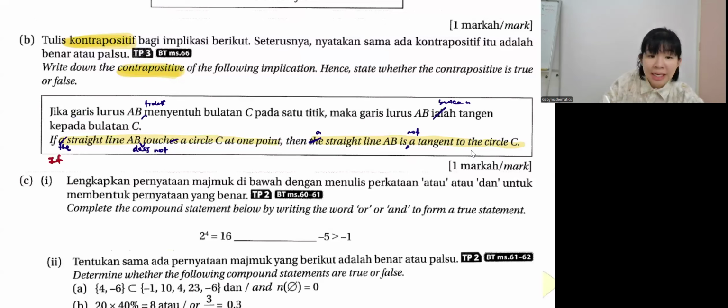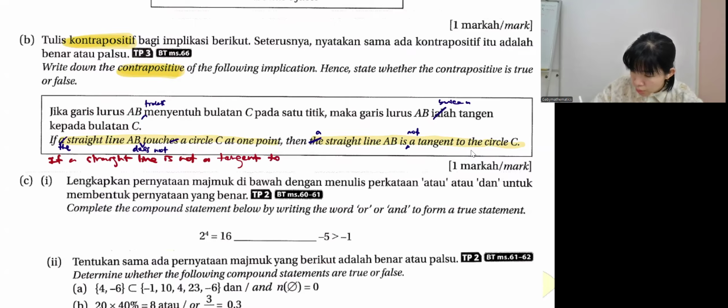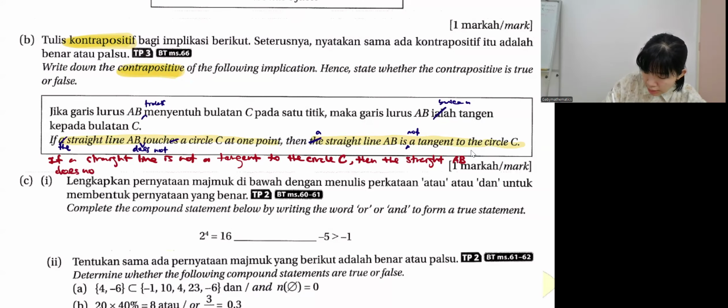Okay, so I write English. If a straight line is not a tangent to the circle C, comma, then the straight line AB does not touch a circle C at a point.